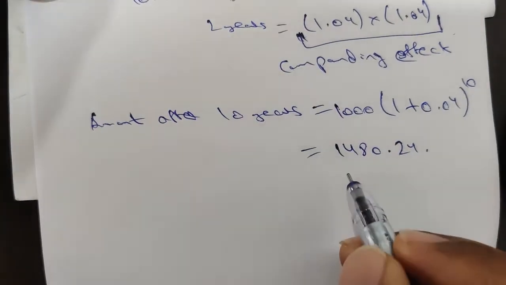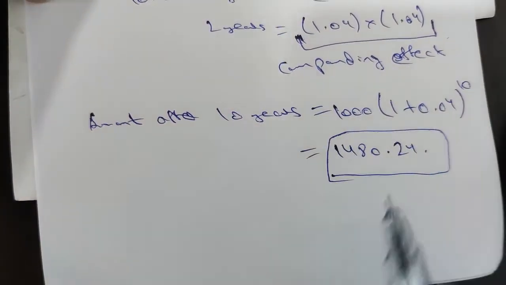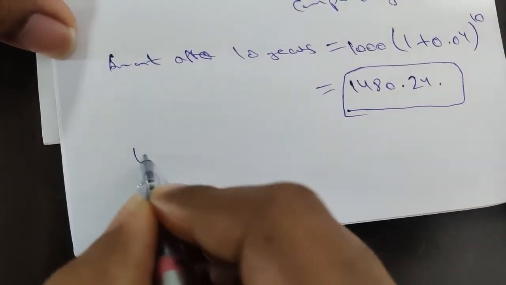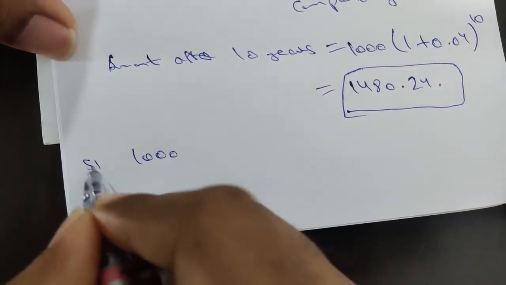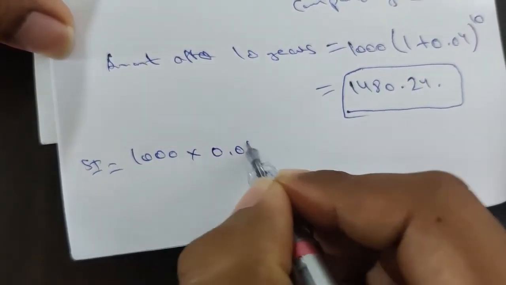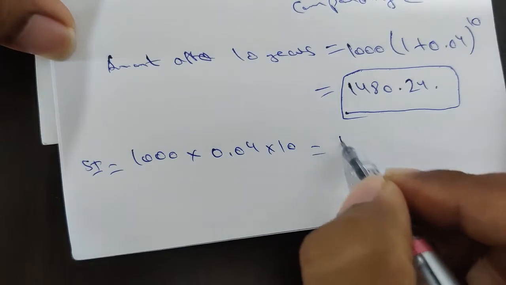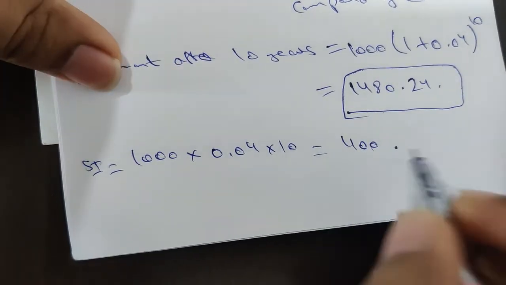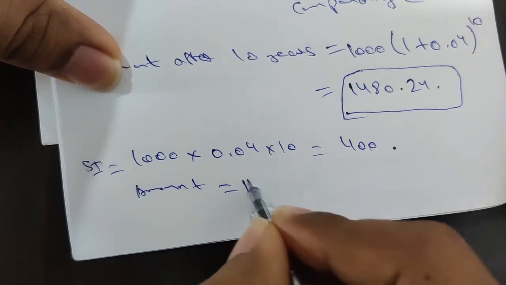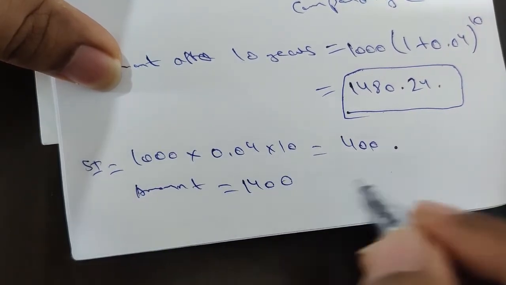So now what would have been the amount in this if it would have been simple interest? Just for understanding, let us calculate. 1000 into 4% into 10. It would have been 400 and amount would have been 1400, 1000 plus 400.